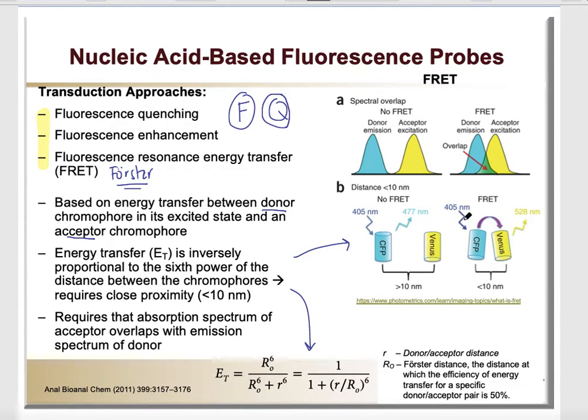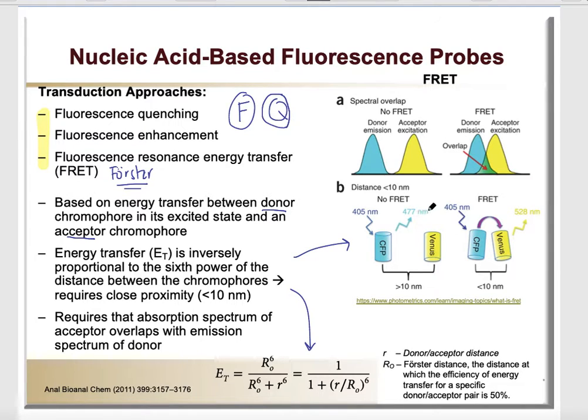On the other hand, if they are close together, less than 10 nanometers apart from one another, when we excite this one, the electrons are excited to an excited state, but then it is able to transfer that energy to the acceptor molecule. And now that acceptor molecule is actually going to fluoresce. So what you're going to end up having is a change in the wavelength of fluorescence, because now you don't see the fluorescence from the donor molecule, but instead you're going to be seeing the fluorescence from the acceptor molecule.